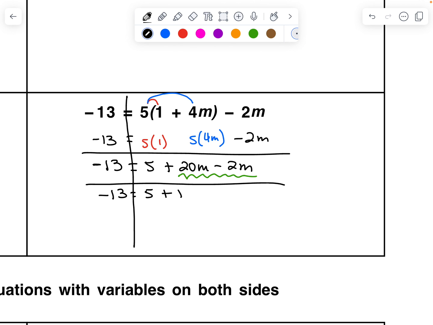And you get 5 plus 18m. Now I'm at that 2-step equation where I can just subtract the 5 over. Now I have -18 equals 18m, and then divide by the 18.